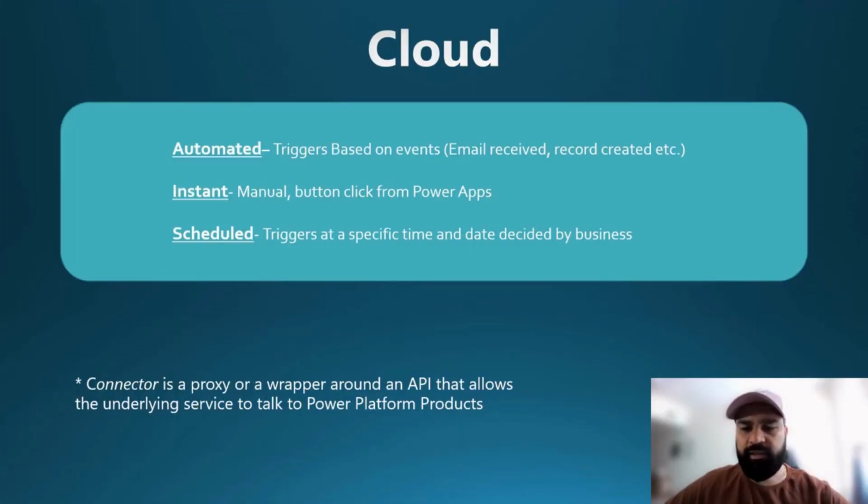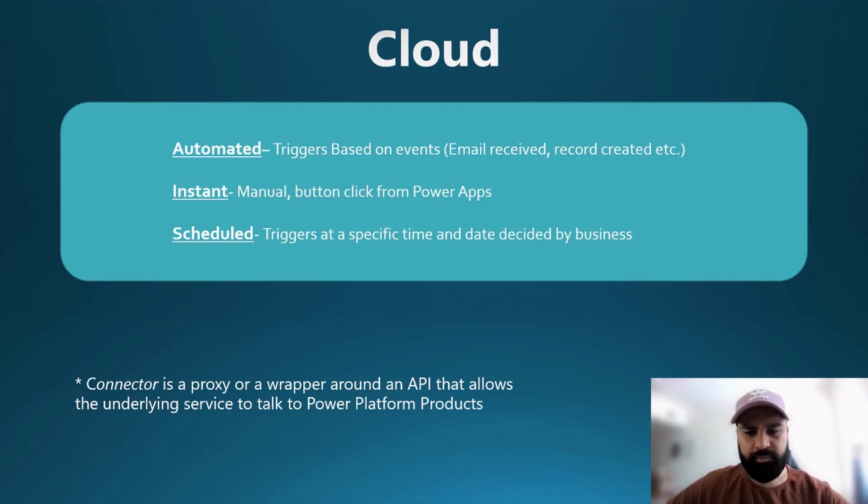To help with connections, integrations, and using APIs of other services, Microsoft has provided us many out of the box connectors, which has increased to more than 1,000 as of today. A connector is basically a proxy or a wrapper around an API that allows underlying services to talk with Power Platform products.